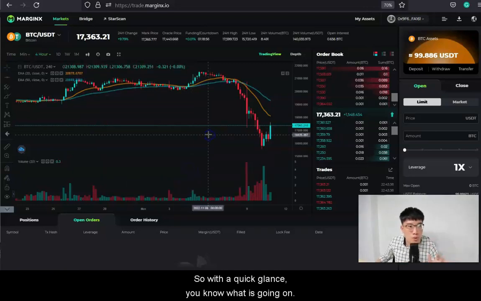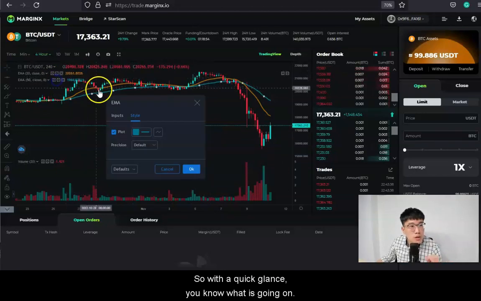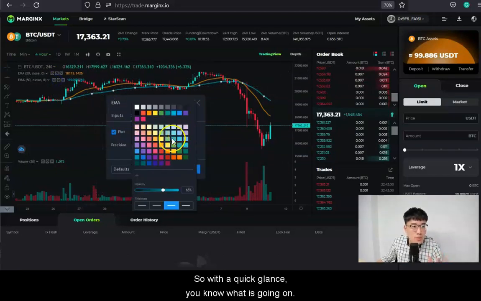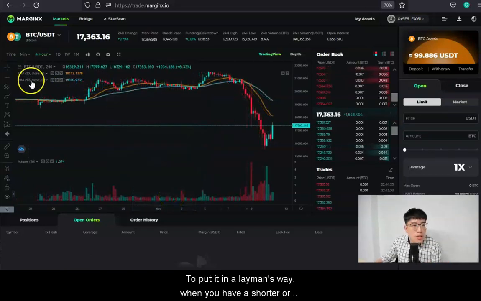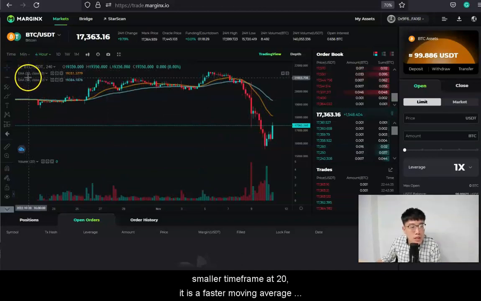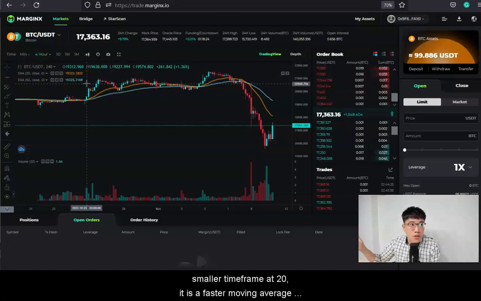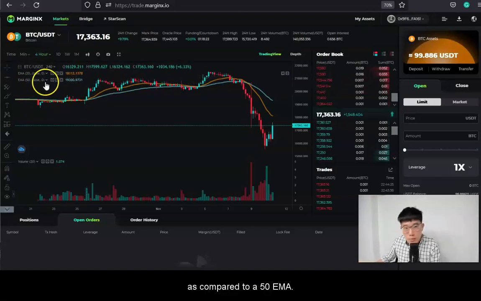So it gives you a quick look. At a glance, you know what's going on. This isn't exactly cyan, but to put it in a layman's way, when you have a smaller time frame at 20, it's a faster moving average as compared to a 50 EMA.